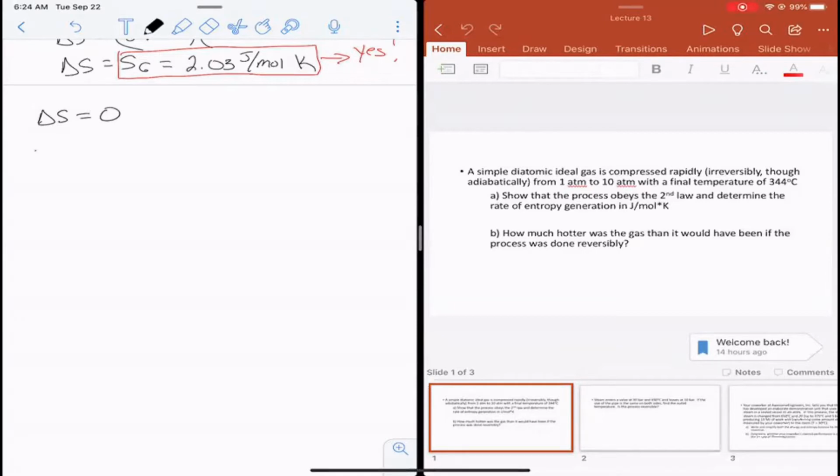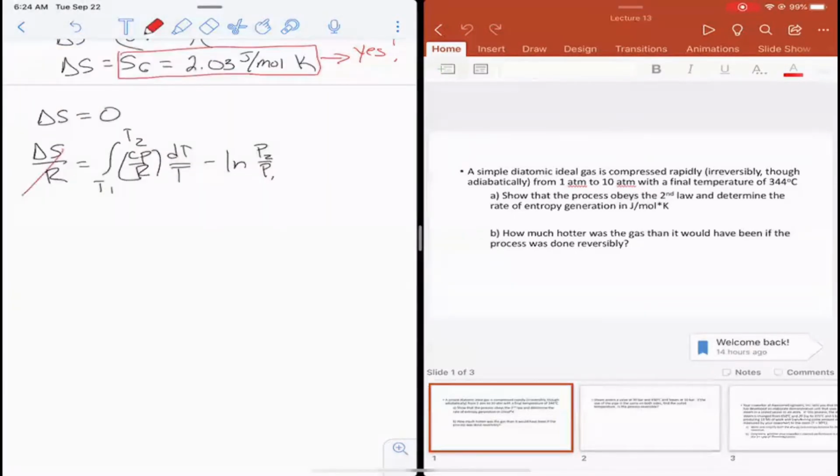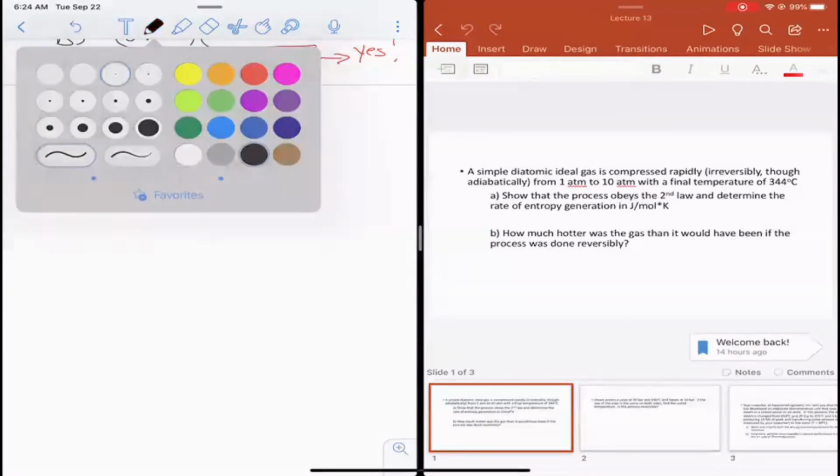And if that's true, our equation where we had delta S over R, which equaled the integral from T1 to T2 of Cp over R dT over T minus the natural log of P2 over P1, is now equal to 0.